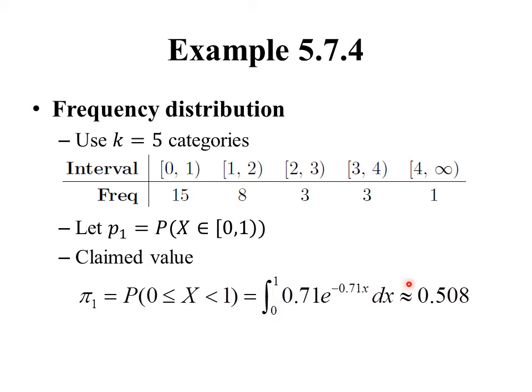And so if we do that, we get a probability of about 0.5. So we're going to call this value pi sub 1. This is the claimed probability that x is in this first interval, and this is the actual probability that x is in that interval.